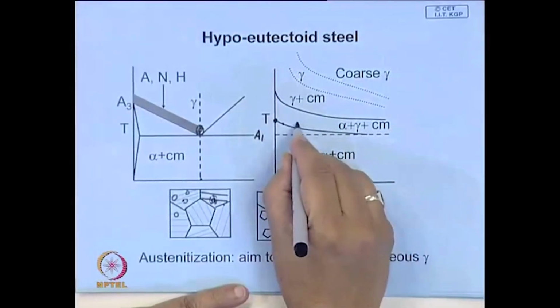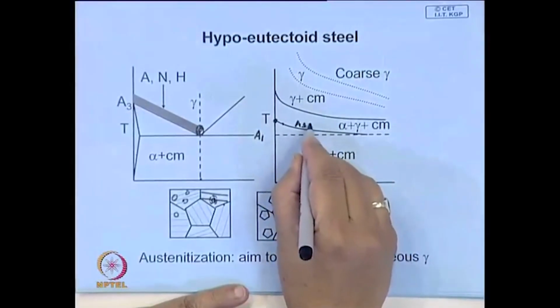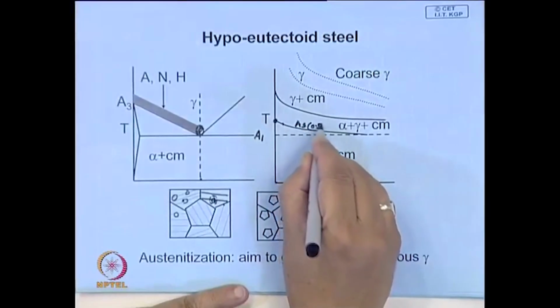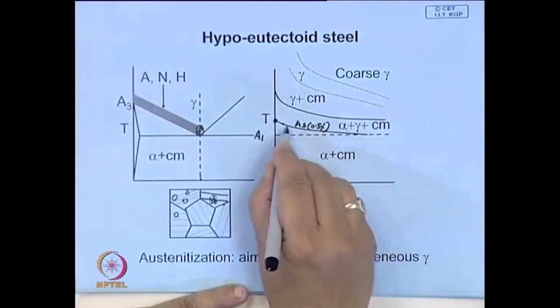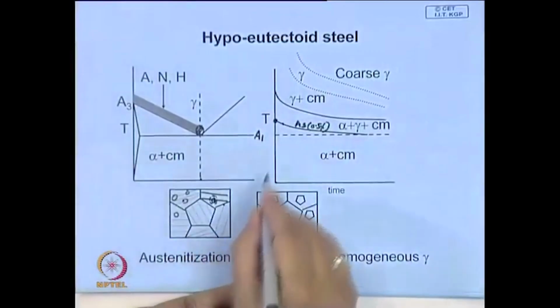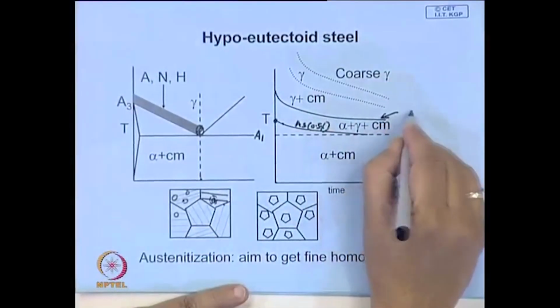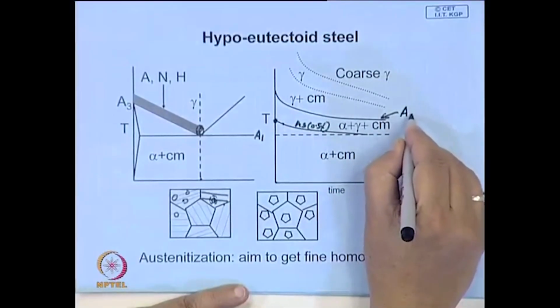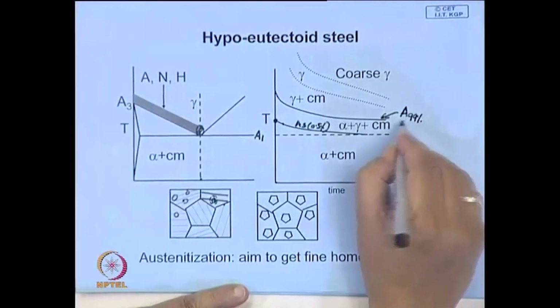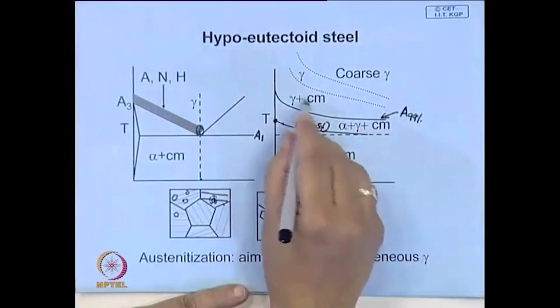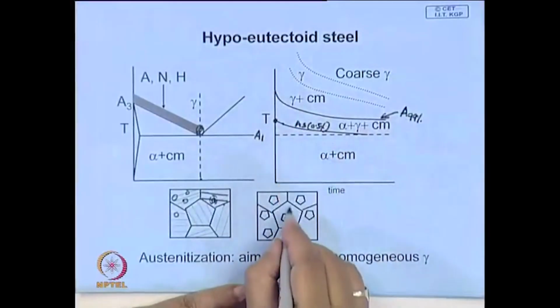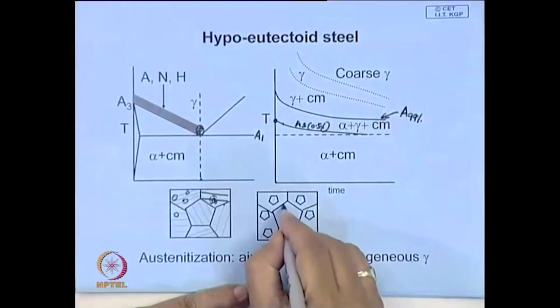So, you can say this is AS, say maybe here around 0.5% austenite has formed in the structure, and with time it will go on increasing, and here nearly 90% or 99% austenite is over here.